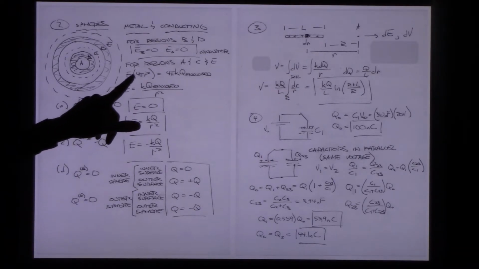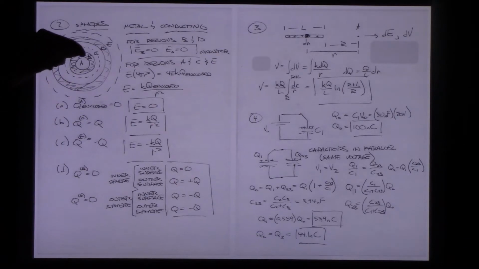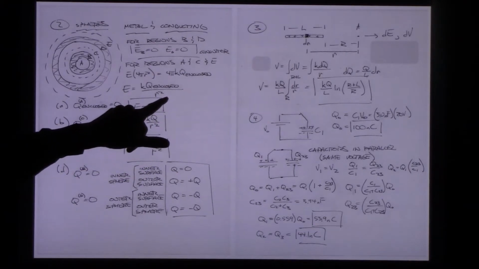So I'm taking the E field times the surface area of a sphere, and that little r is a variable. That little r lets me imagine different locations, A, B, C, D, E, and the right side is 4 pi k q enclosed for each. So this is how I calculate the electric field.